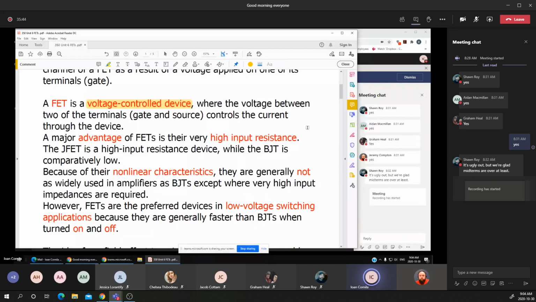The only problem is that when we are touching them, because it's a voltage controlled device, and I mentioned that we have to be very careful when we are handling those FET devices, FET transistors, or integrated circuits.